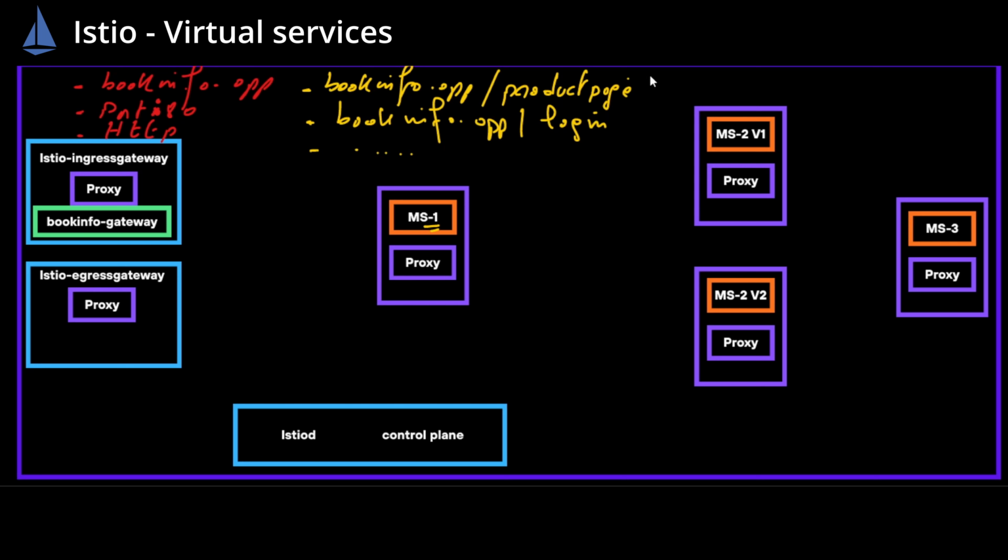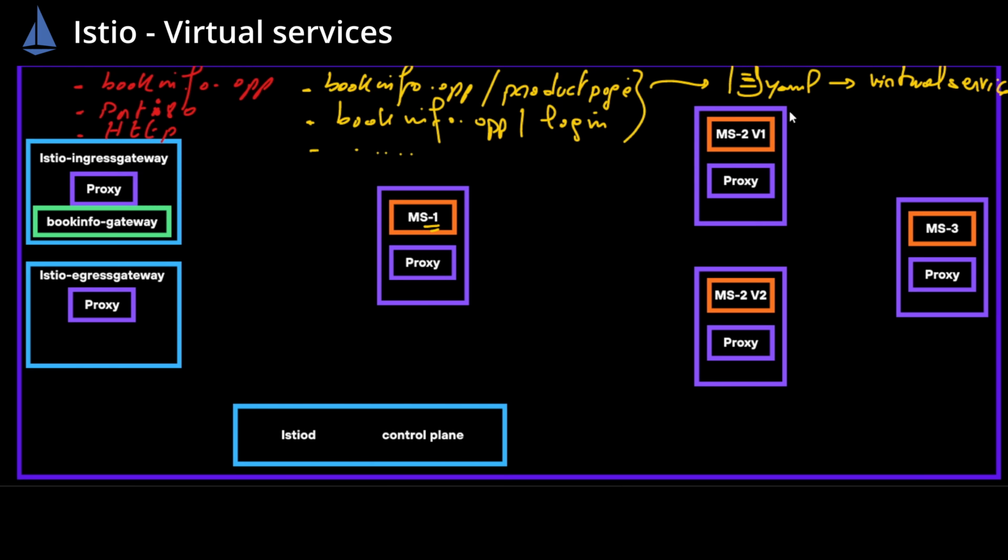So what we have to do is specify these rules in a YAML file to create a virtual service, and then the created virtual service will route the traffic coming to the bookinfo gateway as we specify in the YAML file.